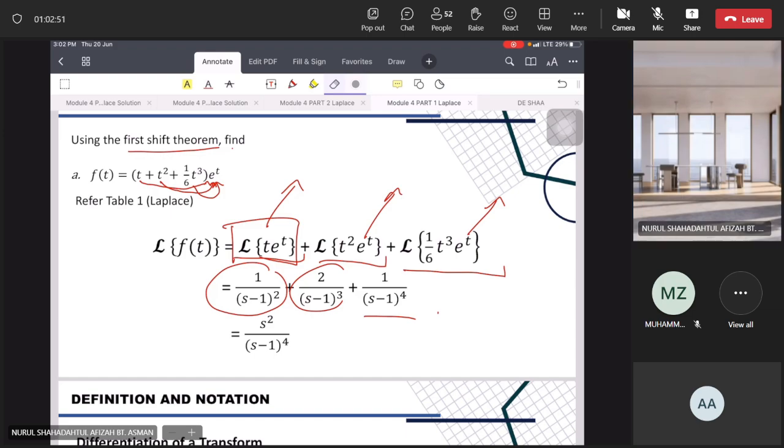Yeah, I try. Minus. Yeah, because from the table, the Laplace of t equals 1 over s minus a, and then the function.